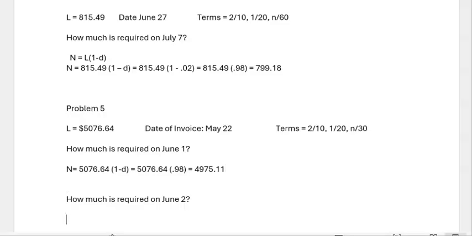So what if we pay it on June 2nd? June 2nd marks the 11th day. So we no longer qualify for the 2%, but we do still qualify for the 1%. So N equals $5076.64, which qualifies for the 1%. 1 minus 0.01 gives us 0.99.